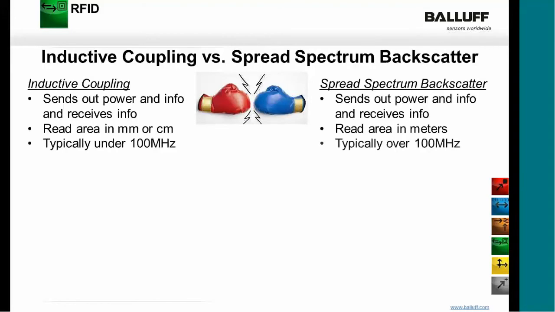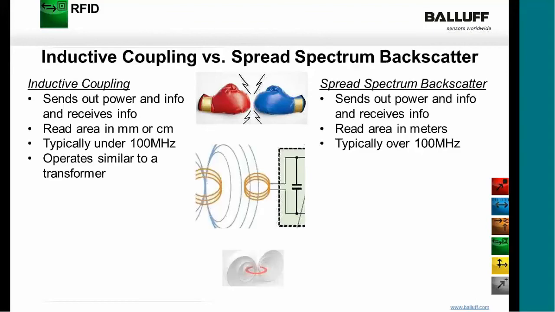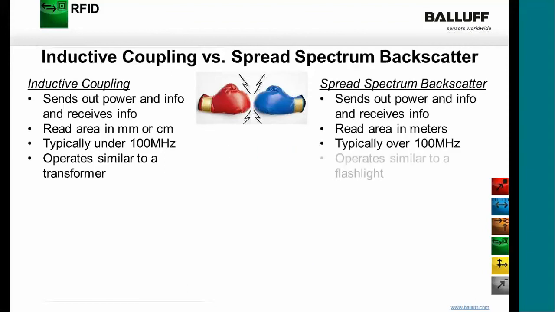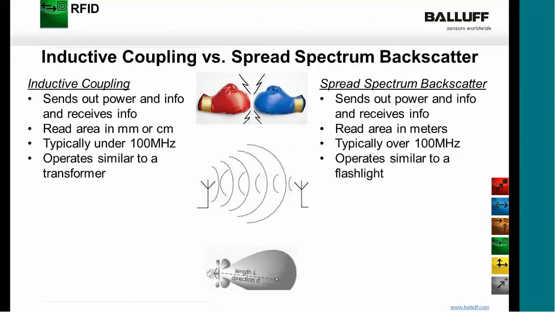With inductive coupling, your frequency range is typically under 100 megahertz, and of course with the UHF is over that amount. So Jason just covered the inductive coupling technology, where he used the analogy of a transformer, which we see here. And with the backscatter technology, the analogy would be comparing it to a flashlight. So you can see that the range kind of spreads out like a cone and has a much longer distance.